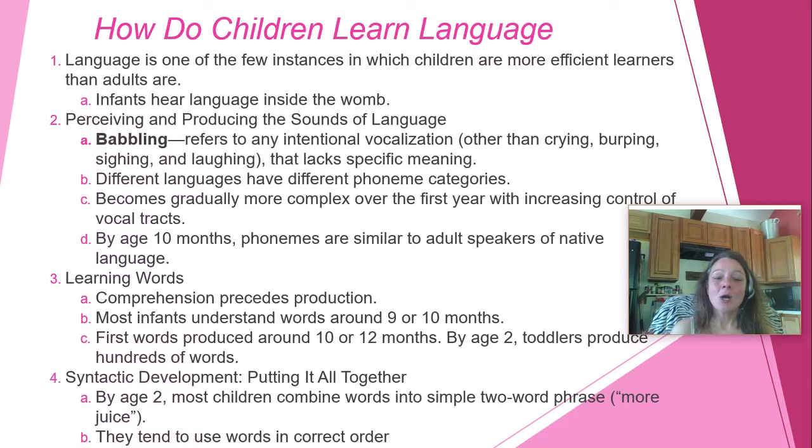And we know that when it comes to learning words, you have to comprehend what the word is before you can reproduce it. An example would be dad. Babies usually learn mom or dad first, right? You have to point at dad first, and say dad, and then finally the baby goes, dad, right?